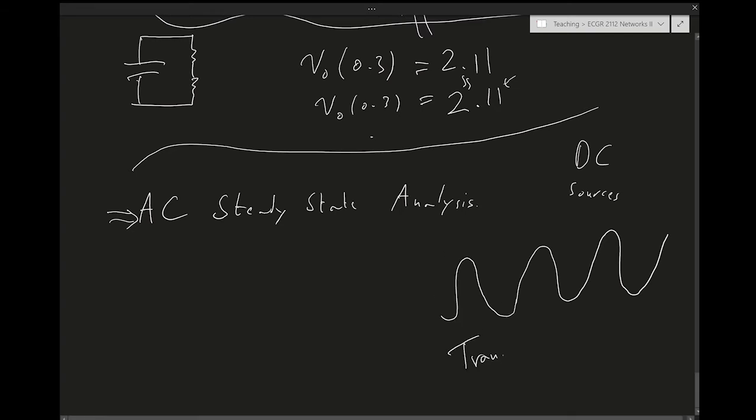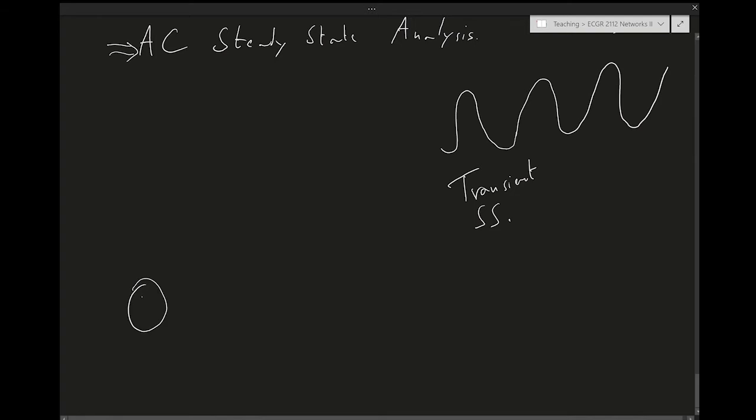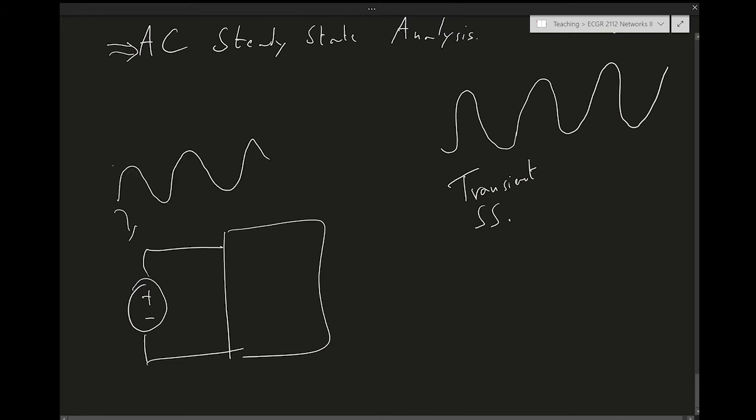So we won't be concerned with transient analysis for sinusoidal sources. We'll be concerned with steady state analysis, meaning if I have some kind of circuit and the input to the circuit is a sinusoid, I won't be considering what happens at t equals 0.